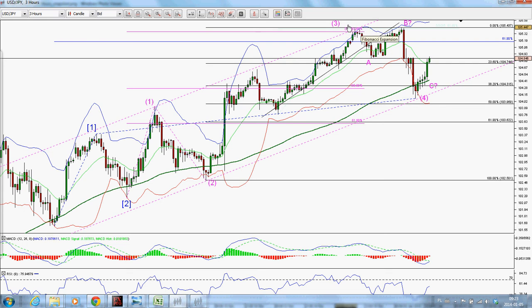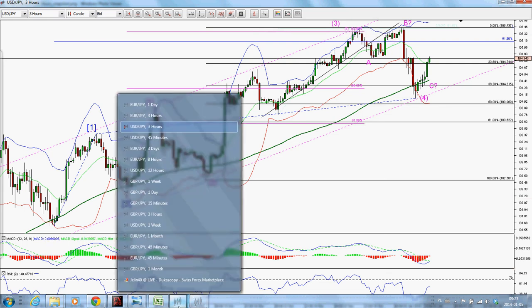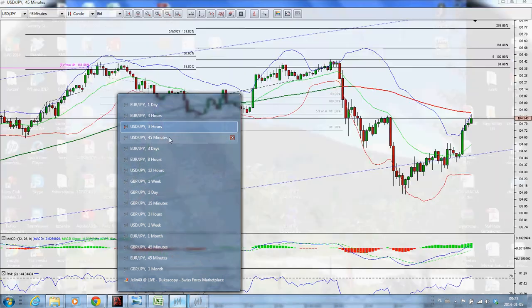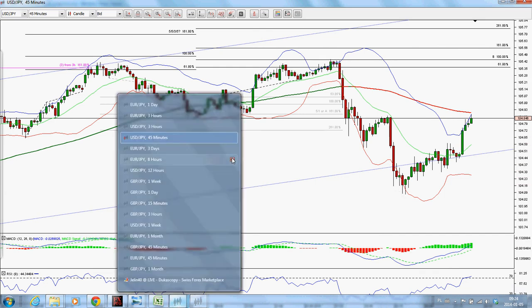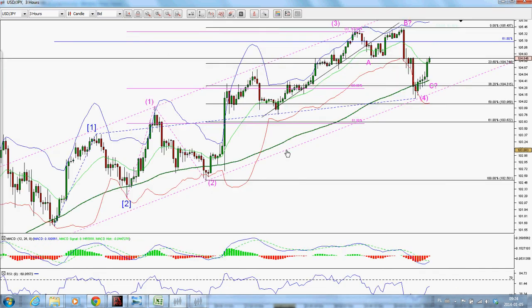This is 1 and 2, or 1 and 2 again, and then we had the 3, and the 3 was completed. I had it on the 45 minutes. Then we had an A and B, and then a move to the downside as a C.